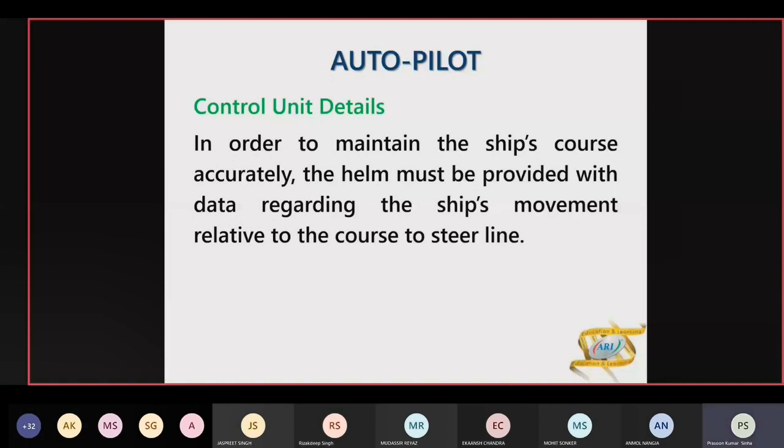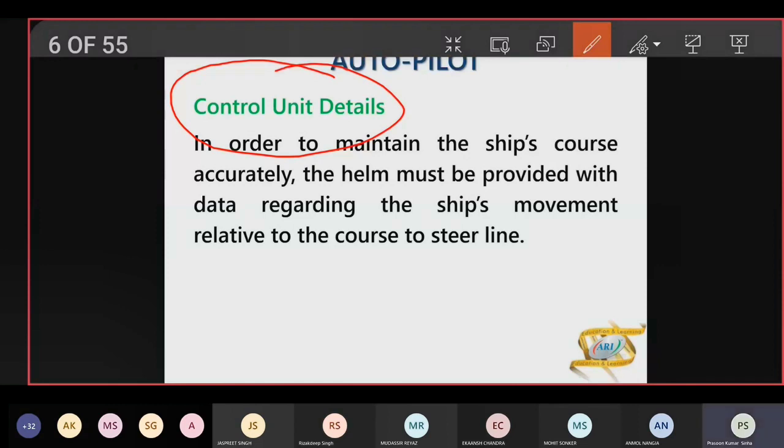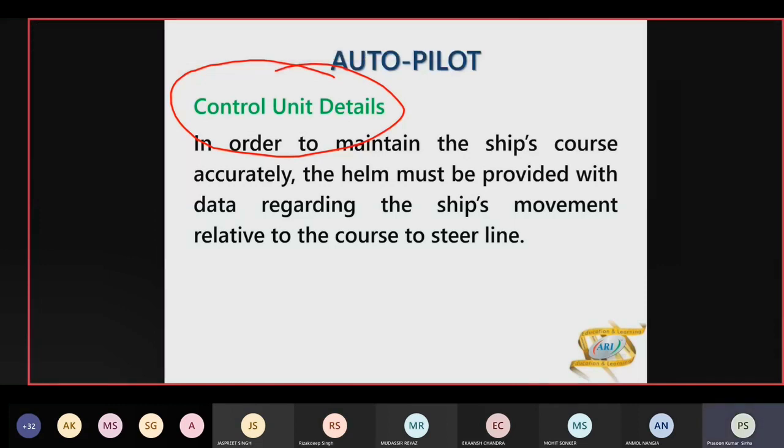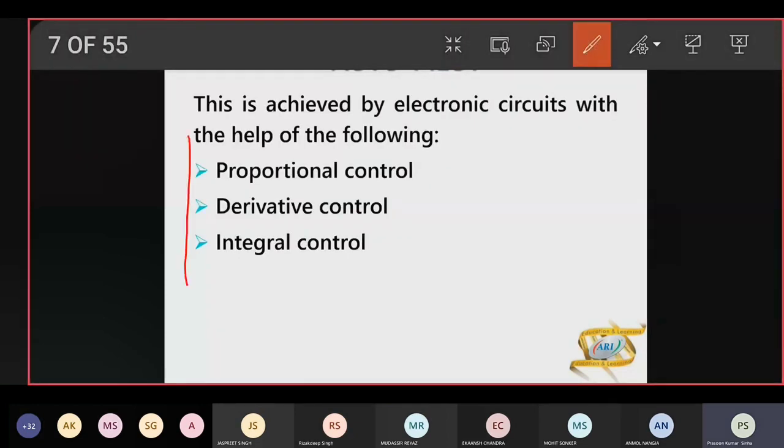So all these different actions are to be performed by the autopilot, and so we have an overall control system of the autopilot, and that is what we are talking about, the control unit or control system of the autopilot. So different stages of activity are also categorized here. The control unit works in stages which are known as PID control system.